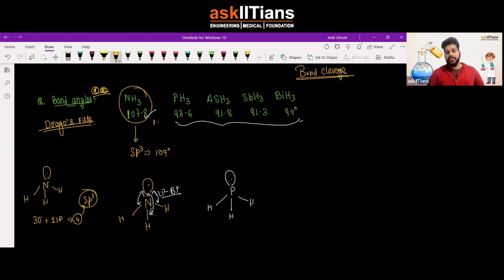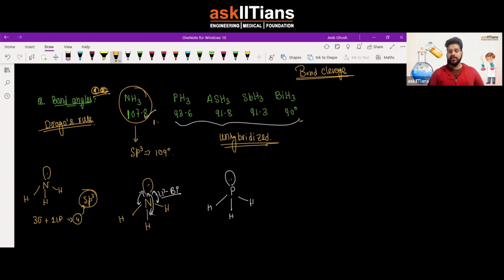They said that these compounds are unhybridized compounds. So if somebody asks you what is the hybridization of ammonia, you are going to say nitrogen is sp3. But if they ask the same question for phosphorus, you have to call it an unhybridized compound. It doesn't have any hybridization.